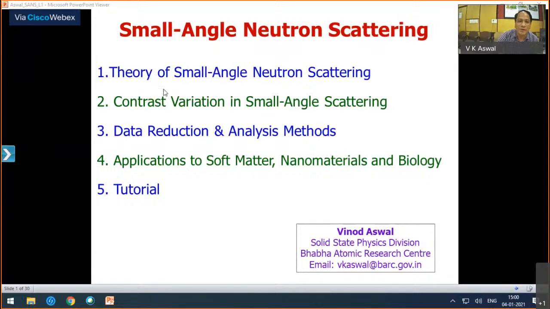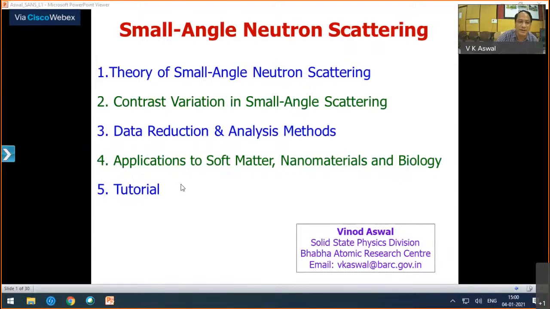What I am going to talk about is small angle neutron scattering, and as Dr. Basu said, there will be 5 lectures, and basically what you will be learning is the very basics of small angle neutron scattering, so that if you are interested to use this technique, you can use it for your research.